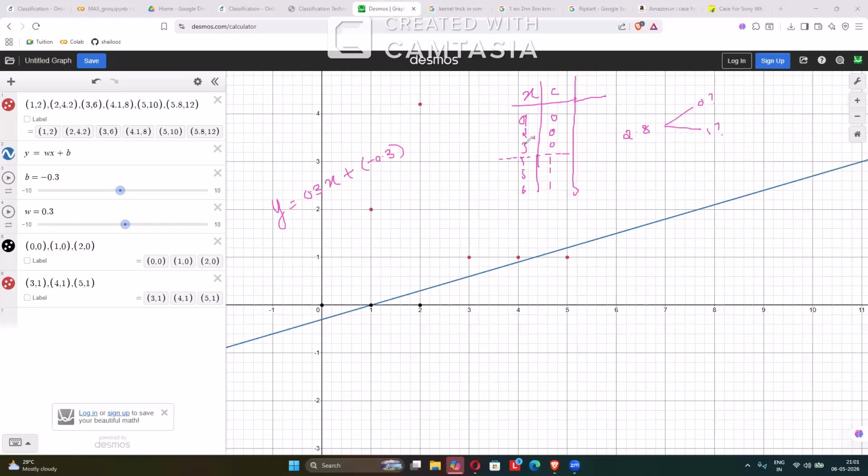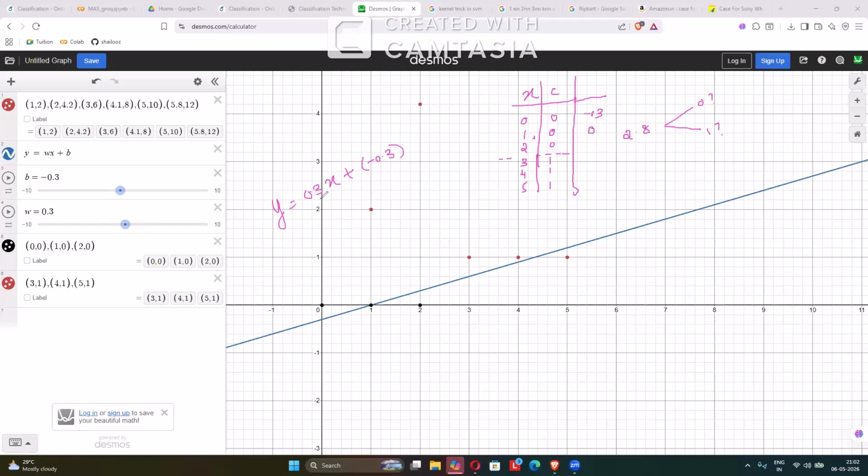These values are 0, 1, 2, 3, 4, and 5. If you substitute 0, the class is 0. Instead, you are getting 0 minus 0.3, right? And again, if you substitute 1, it will be 0.